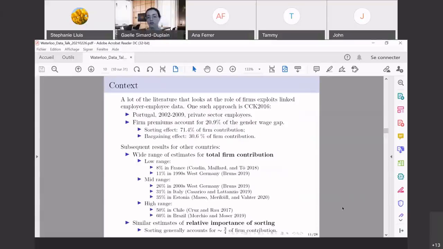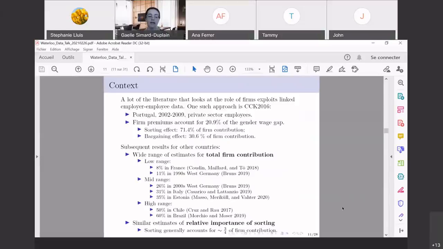To give you a bit of background on this methodology, a lot of authors have used employer-employee linked data in slightly different ways to get at the role of firms. One such approach is CCK 2016. They use data from Portugal from 2000 to 2009, focusing on private sector employees, as we will do.